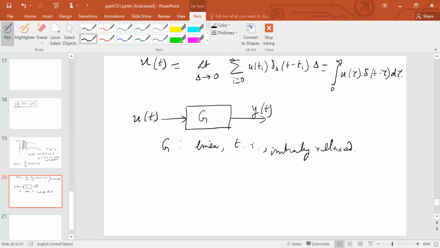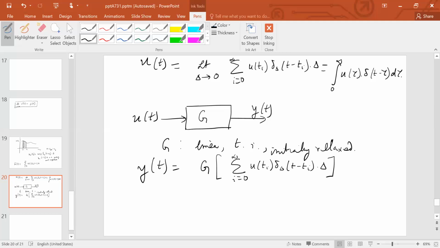Now, what then would be the y? So y would then be given by G acting on this sum that we had so carefully written just a while back. So we pull it out of the hat again, the sum with delta of t minus ti times delta. Now, one by one, we bring in these properties.